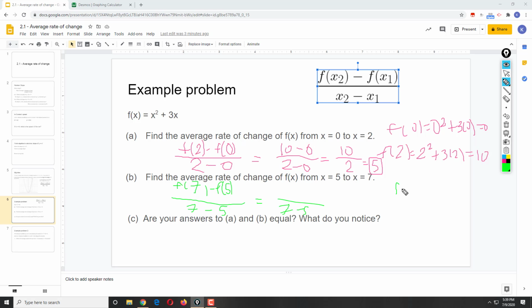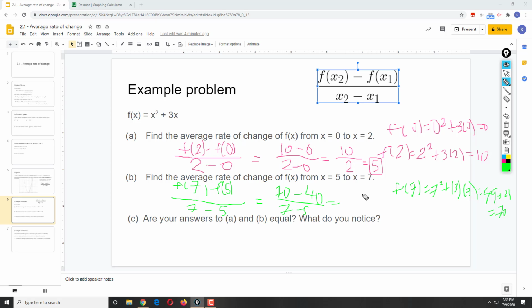F of 7 is 7 squared plus 3 times 7. That's 49 plus 21. That's 70. F of 5 is 5 squared, 25, plus 3 times 5, 15. 25 plus 15 is 40.